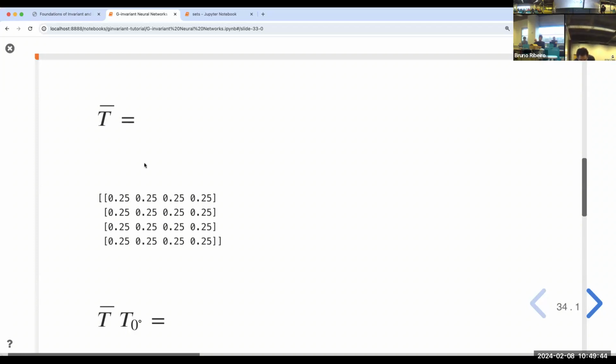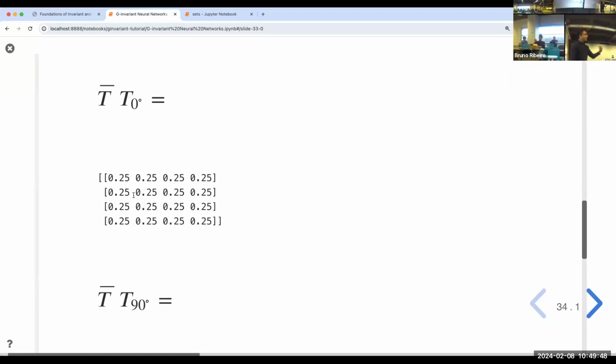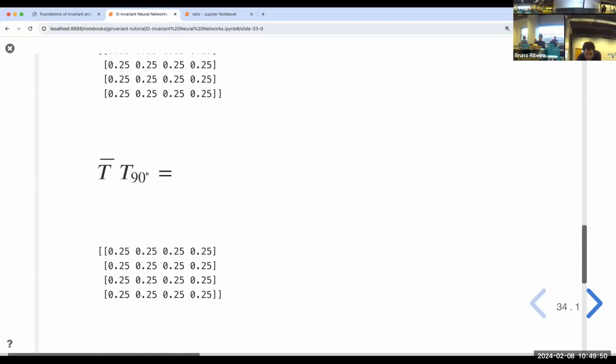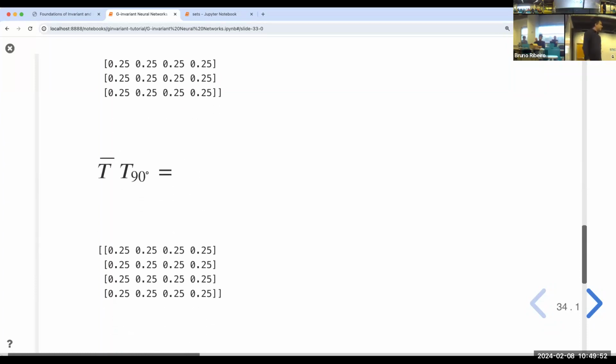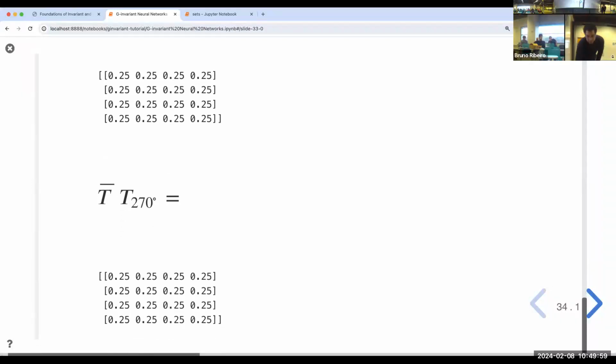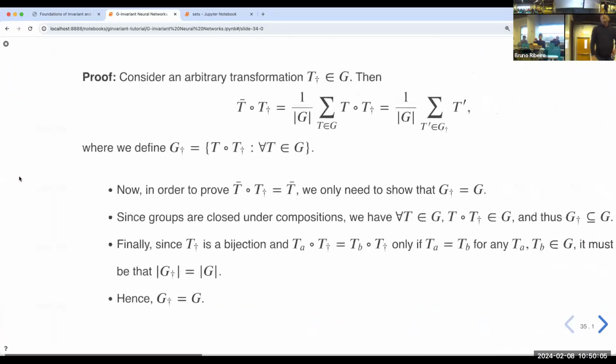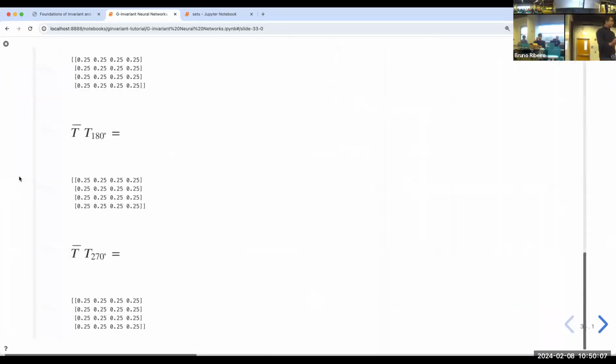Well, that is obvious. We get the same T bar. What about if we multiply T bar by the 90-degree rotation? We get T bar. If we multiply by the 180 rotation, we get T bar back. And then the 270 rotation, we again get T bar. So it has a property we want, right? Therefore, I just proved it. No, is that right? I show you one example and I'm done with the proof.